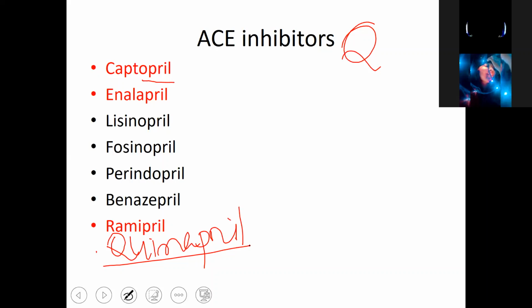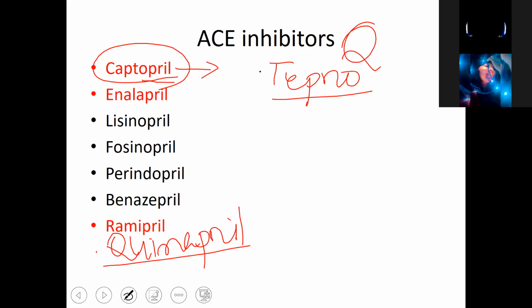Out of these drugs, captopril is the first one to be used clinically. Before that there was one drug, teprotide, but teprotide was rejected because of serious side effects and was not clinically acceptable. So the first clinically successful drug in this class is captopril.